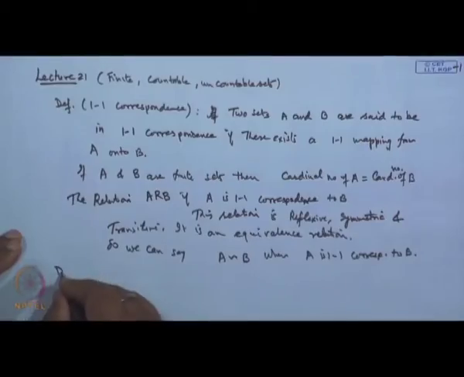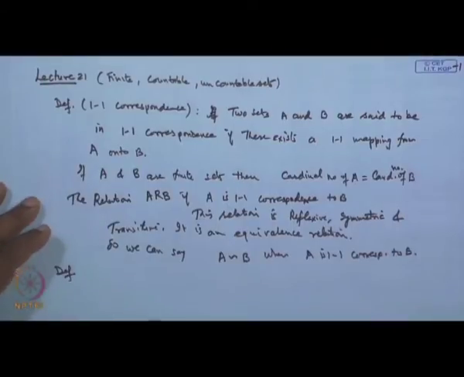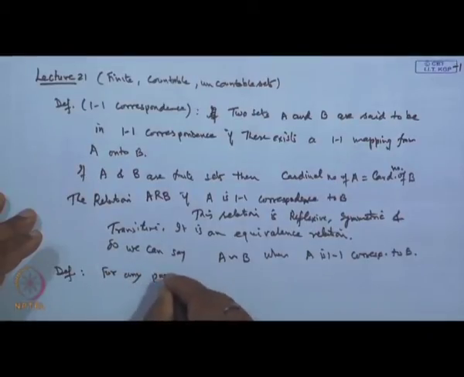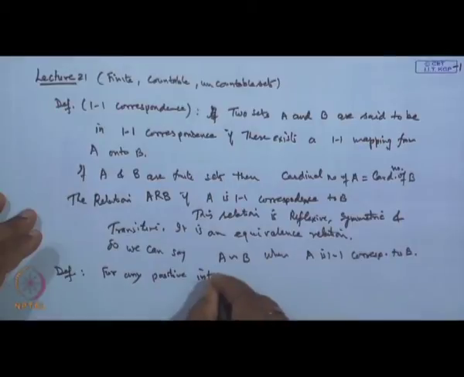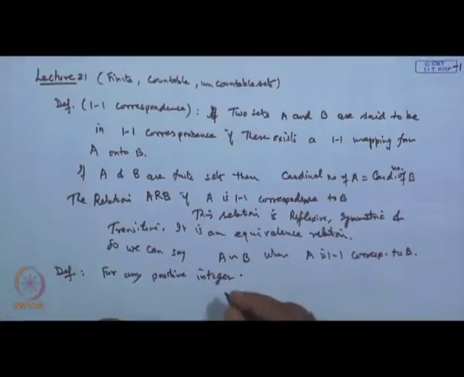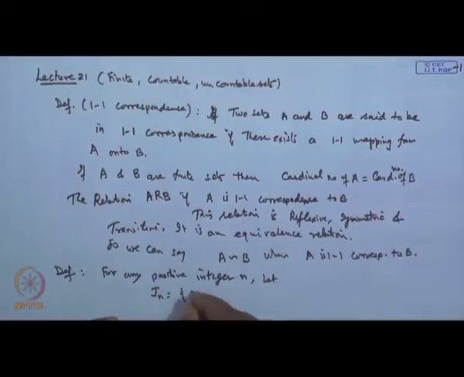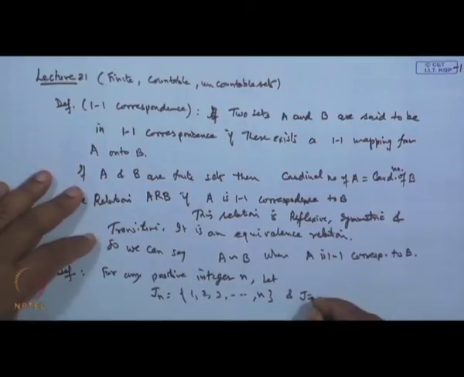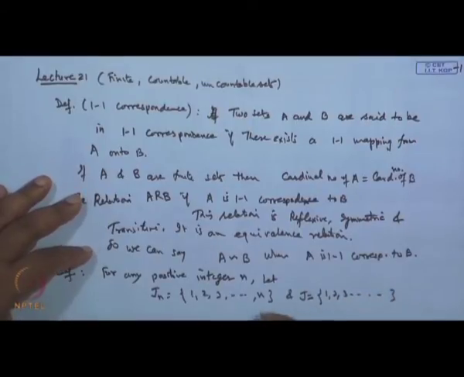The definitions are: for any positive integer n, let J_n represent the set having the elements 1, 2, 3, up to n, the first n positive integers, and let J be the set of all positive integers 1, 2, 3 and so on.